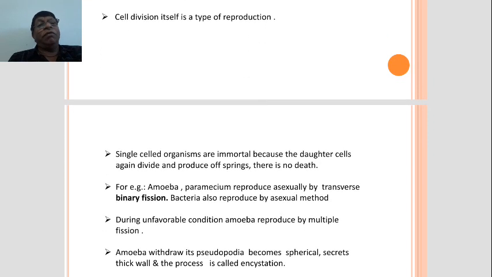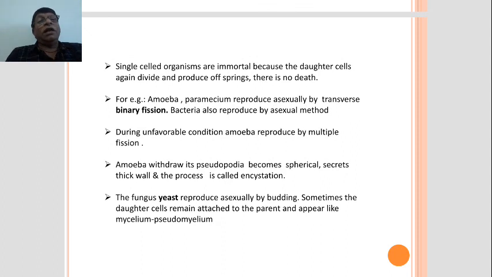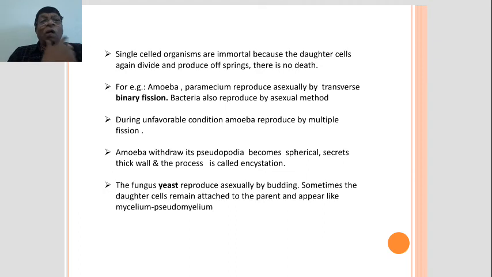Now, we shall see the reproduction in amoeba. Refer to the diagram. Practice the diagram also. You must draw the diagrams and label the parts. The single-celled organisms, as already discussed, are immortal because the daughter cells again divide and produce offspring, so there is no death.